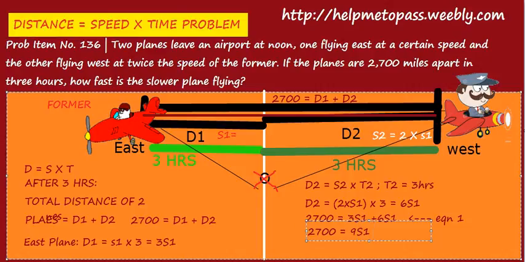Solving further for S1, the speed of the first plane, it becomes 2,700 divided by 9, so S1 equals 300 miles per hour. Okay, 300 miles per hour.